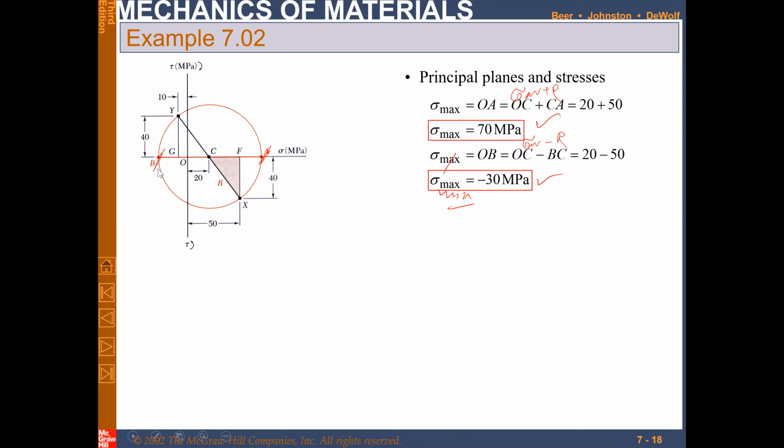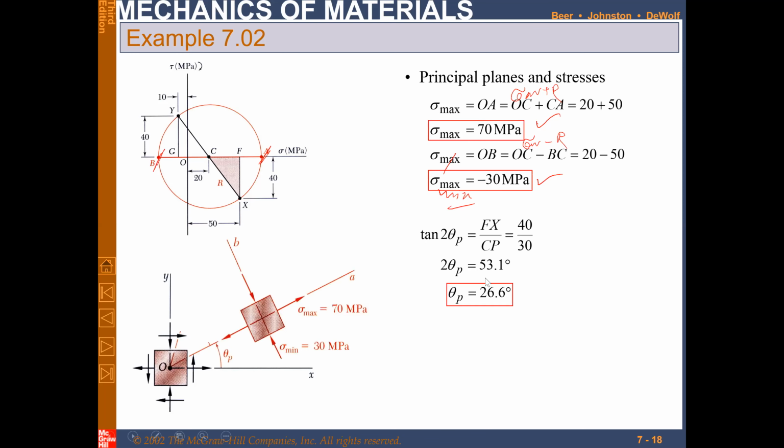Now what about the angle, right? You will calculate tan 2 theta p, and it will be 26.6. Since it is positive, you are moving from this point to reach this point, that is the sigma max point. So you are moving counterclockwise to make this point x reach this point a, that is the sigma max value, right?